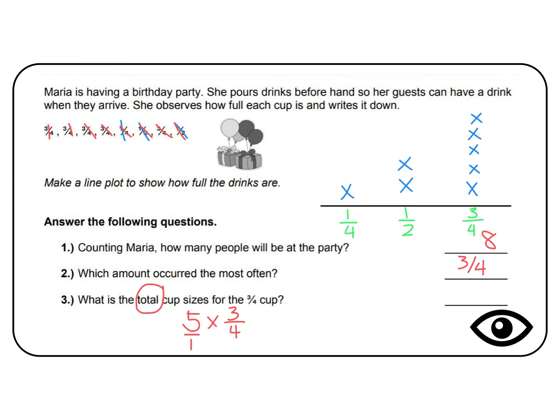So remember, we have invisible 1, and then we can multiply straight across the top and straight across the bottom. 5 times 3 is 15/4, and 4 goes into 15 3 times, which is 12, with 3/4 left over. So the total would be 3 and 3/4.